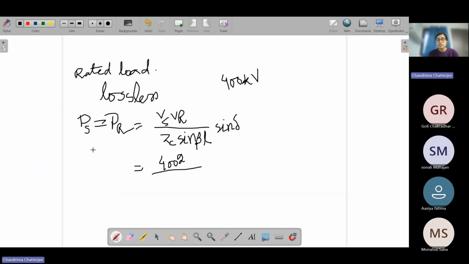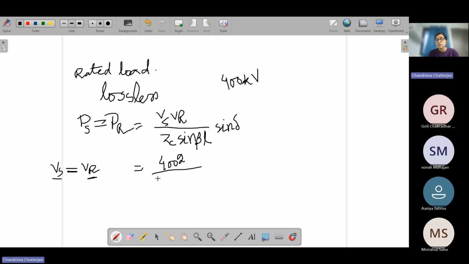For a symmetrical line, VS is equal to VR. In between the voltage may vary, higher or lower than VS, but at the sending end and the receiving end, these voltages will be equal. So that's why I have taken 400 square.